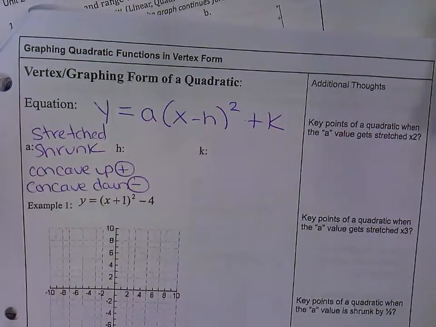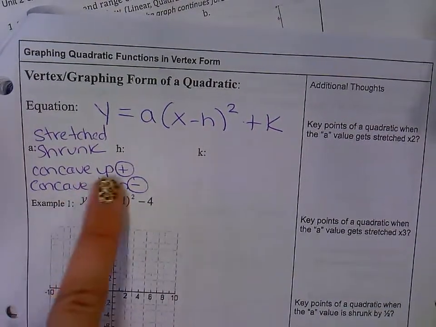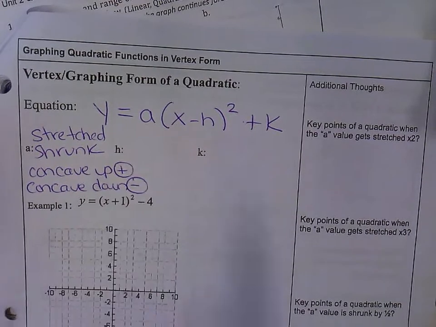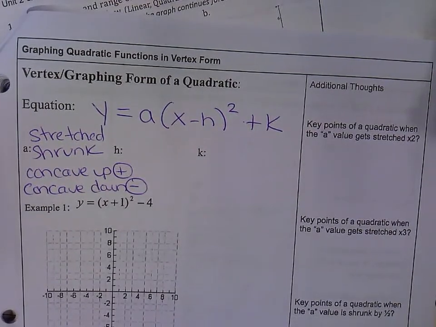So we're going to put those rules on there: concave up when A is positive, concave down when A is negative. We're going to keep referring back to A in this unit on graphing.